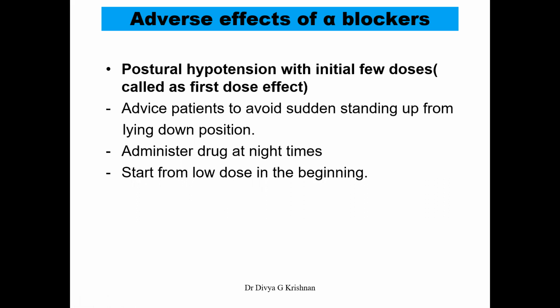If they are getting up from the bed, advise them to sit up on the bed first, then sit with their legs down, and then slowly get up and then slowly start walking. It is always preferred to administer the drug at night time and always start the drug from a low dose in the beginning. These steps can help in avoiding the postural hypotension and its subsequent effects.